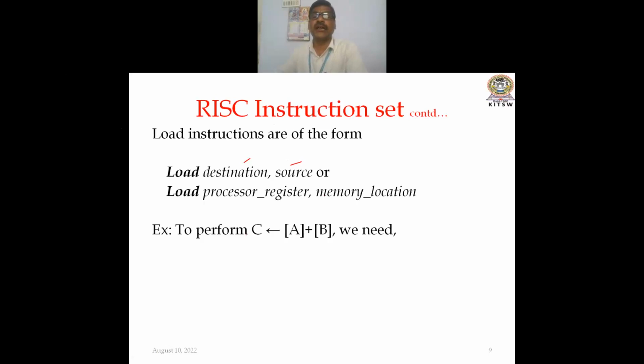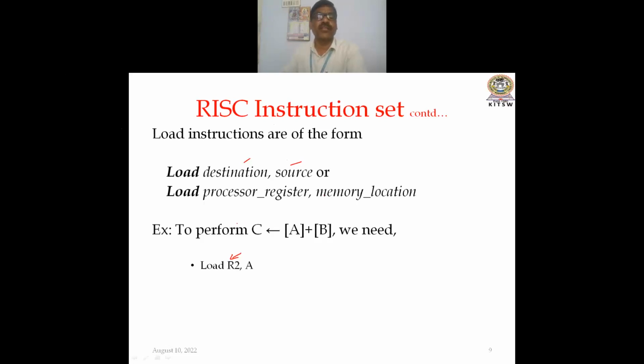For example, if we want to perform the operation C is stored with the content of A plus the content of B, you want to add, and the summation value you want to store in C. First we have to load the contents of A into a processor register, because the operands must be either in processor registers or specified within the instruction itself.